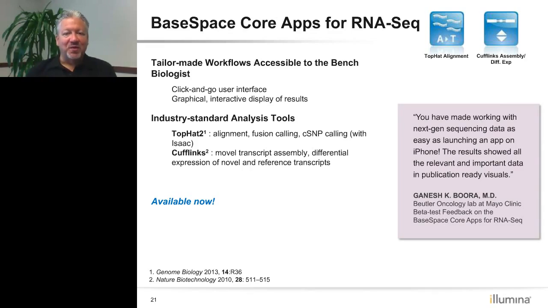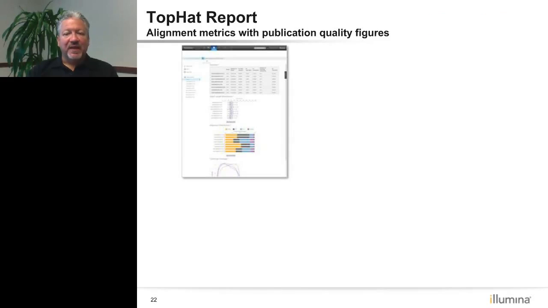He says, working with next-gen sequencing data is as easy as launching an app on my iPhone. It really is that easy to use. You really just load your data into the process. There are very few options that you have to choose. You press go, and then you'll get an email saying that the analysis is done in a few hours, and then you can start looking through your results.